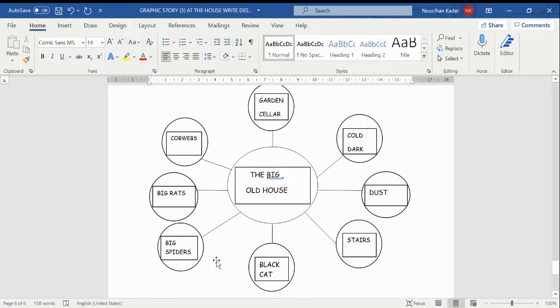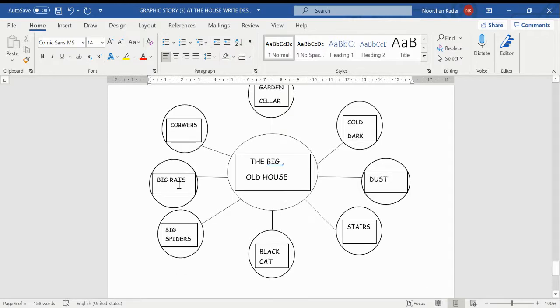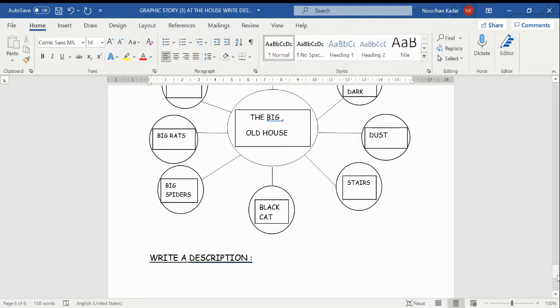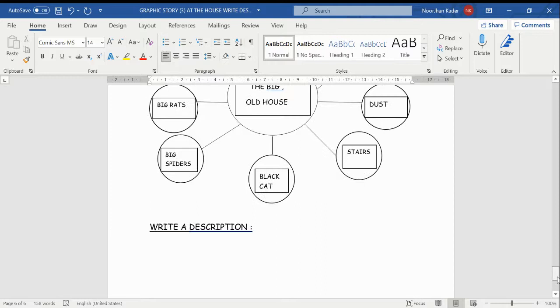Dust, stairs, black cat, big spiders, big rats, and cobwebs. Some of them are not written in the dialogue, but you find out from the pictures of the graphic story itself. So you don't only look at the descriptive sentences or dialogues, but also take note of what is in all the pictures in the frames. That is how you write a good description of any object or character.